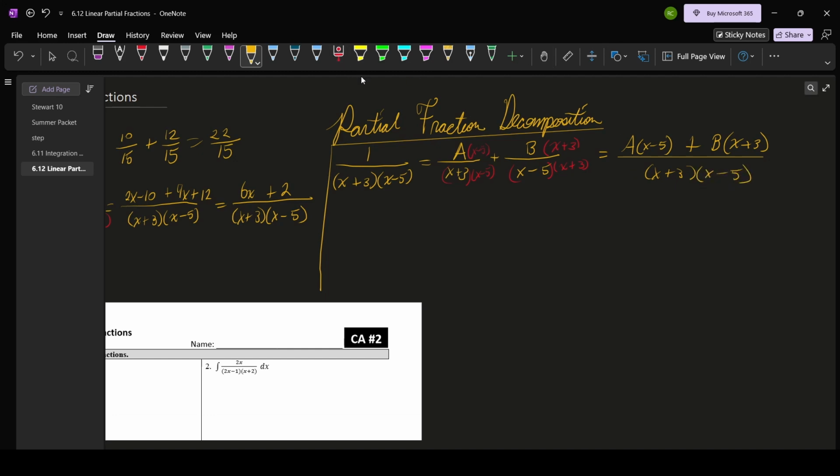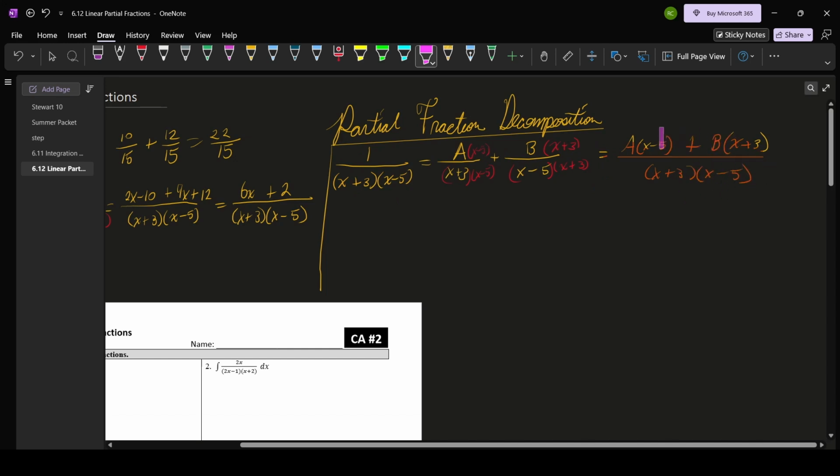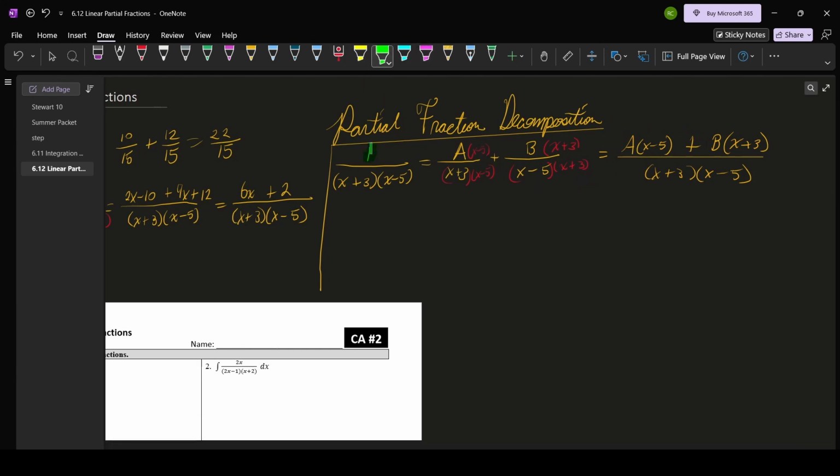Okay, so if we ignore this middle step here, we can see that since the denominators on the left side of this equation and the denominators on the right side of this equation are the same, and there's an equal sign throughout, that means our numerators are the same, and we can ignore the denominators.